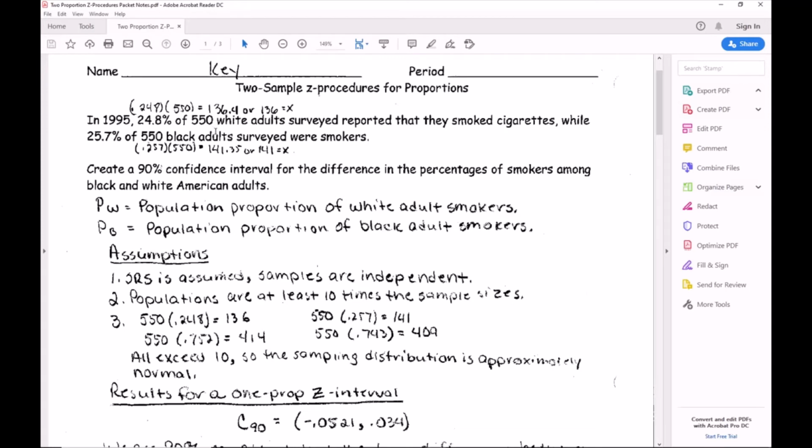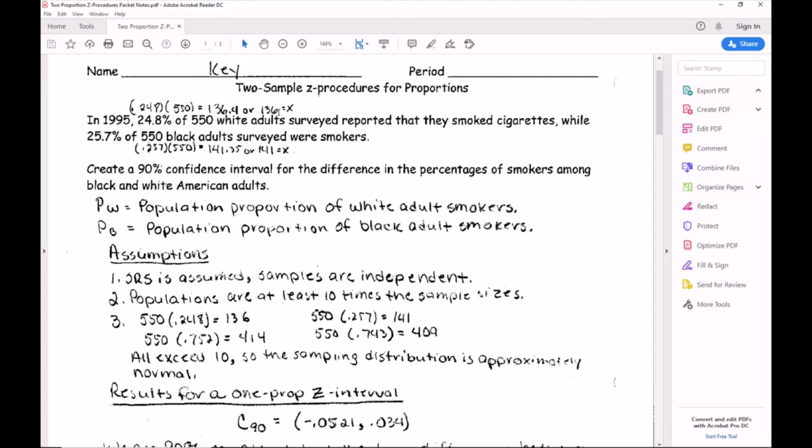We have n, 550 for both, but we don't have x, and you need x and n to throw into your calculator. So, all right, you can get x by just multiplying the p-hat back into your sample size, and that'll give you x. So 134.6 is that product. I went ahead and just converted it to 136.